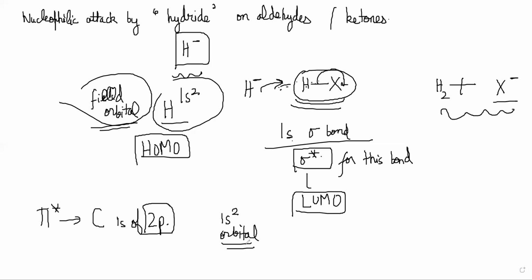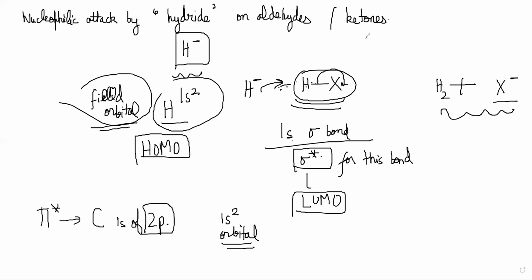So this never happens. H minus comes and hits the carbon and forms an H-carbon bond and O minus, right? That thing doesn't happen. What happens is H minus attacks any atom and breaks the sigma bond. So here it would have broken the pi bond, right? Of the carbon. And here it is going to break the sigma bond of any hydrogen, right? So H minus is coming and taking away hydrogen from something. That means H minus is acting like a base, right?